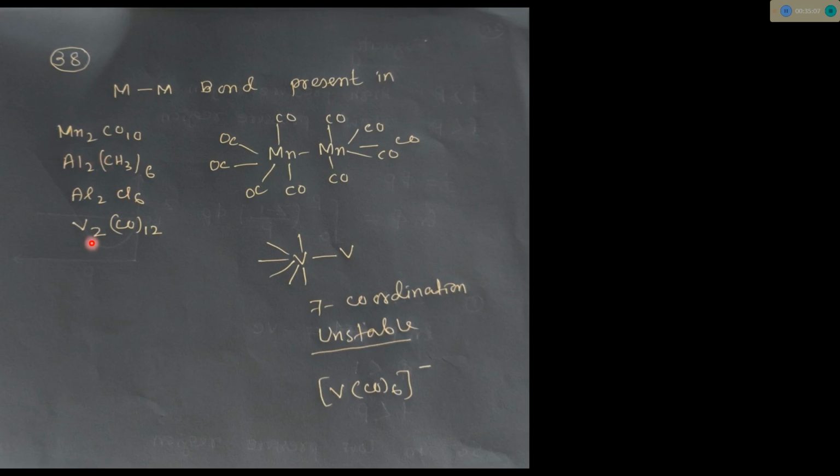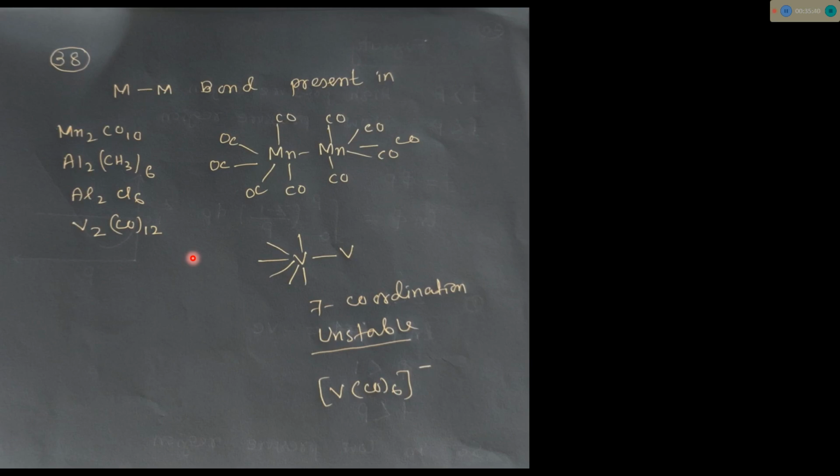And this Mn2(CO)10 is a somewhat stable complex. In this complex a metal-metal bond is present. So out of 4 options, the maximum possible correct answer is Mn2(CO)10. In the options, I am sure that V2(CO)12 is also there, but I think that was not the correct option, because we have to consider that V2(CO)12 is not formed.